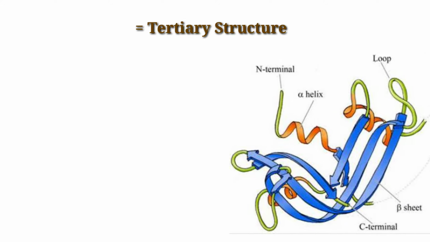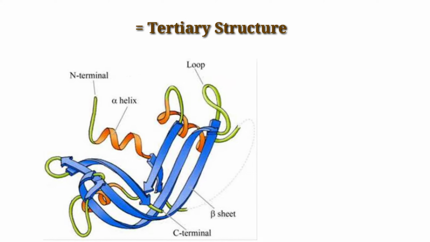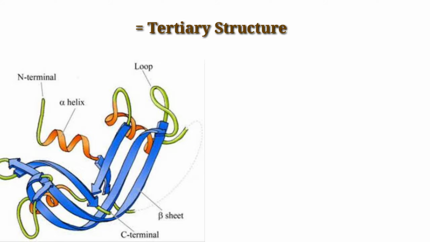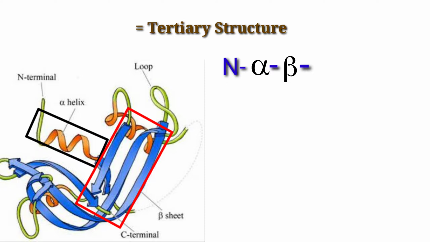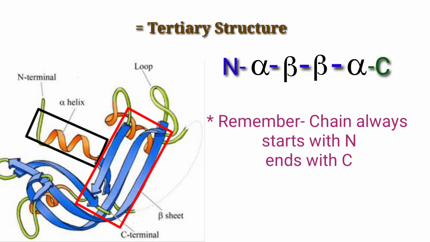This tertiary structure contains many secondary structures, where in the following diagram we can see alpha helix, beta sheet, then again beta sheet, then again at the end of the polypeptide chain there is alpha helix. So case may be anything.